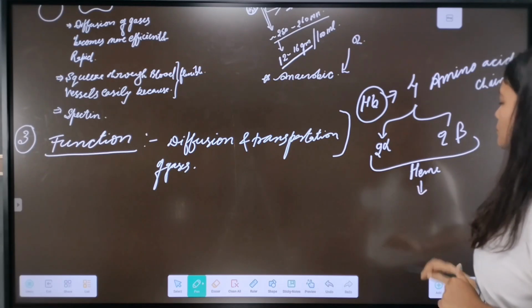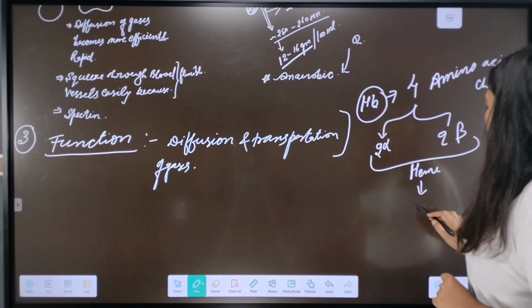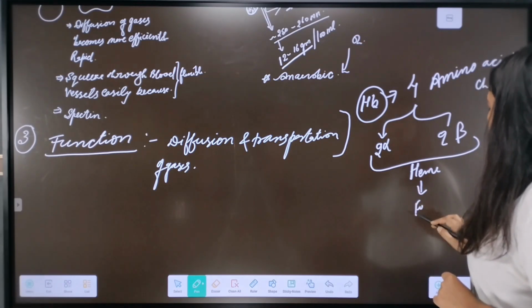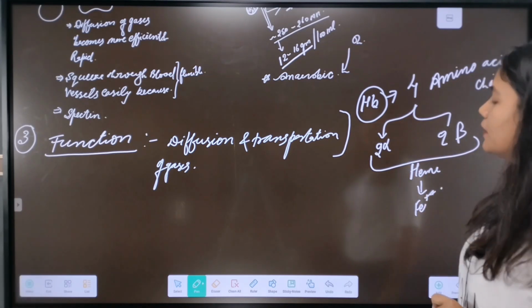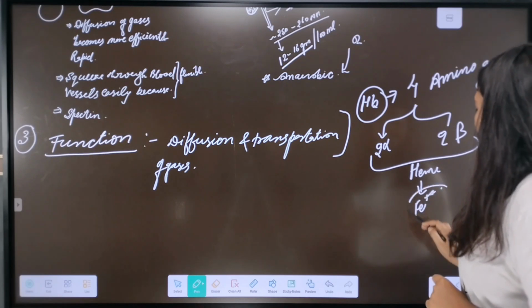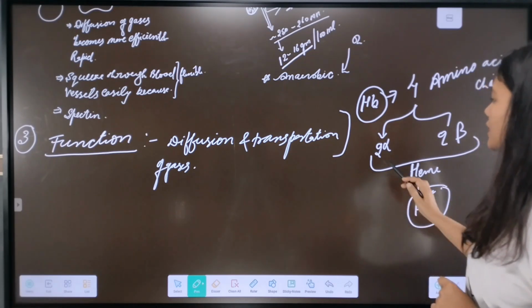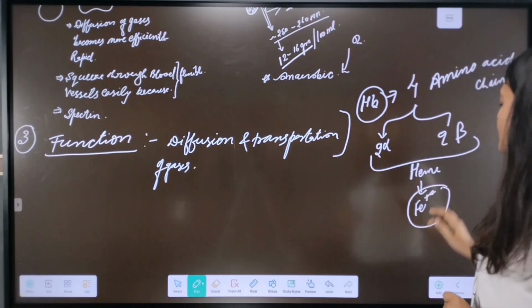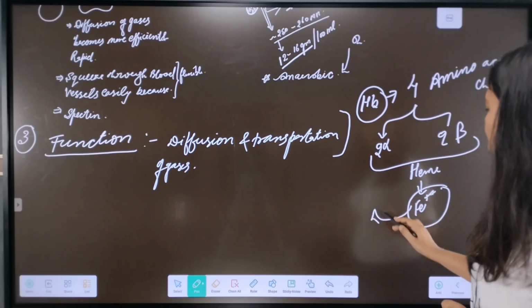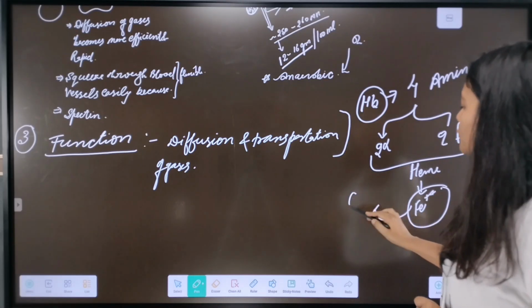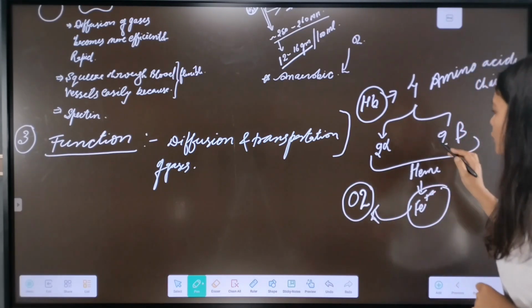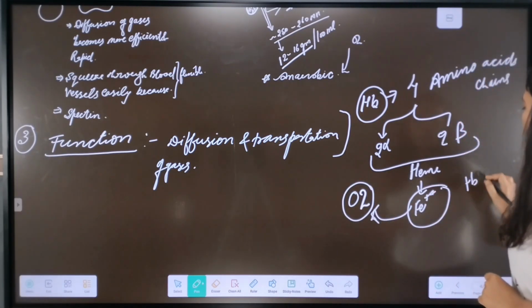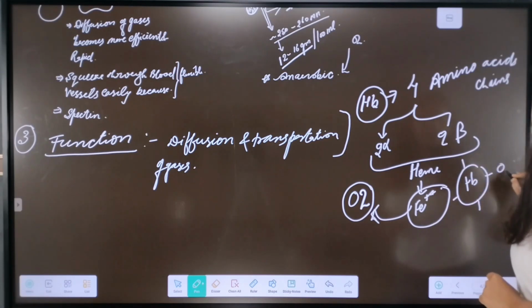And each heme group has an iron, and this iron of the heme group of each chain, either alpha or beta, carries one molecule of oxygen. So here you can see one molecule of hemoglobin carries 4 molecules of oxygen.